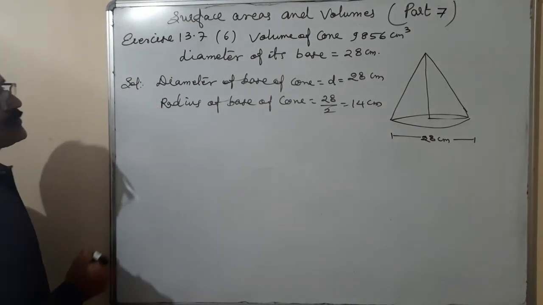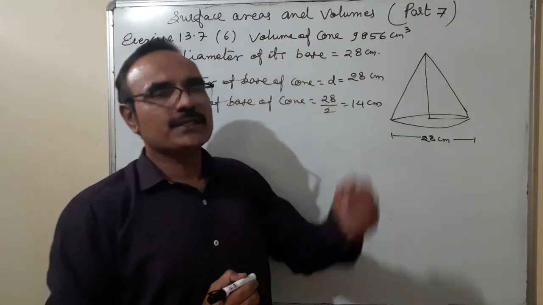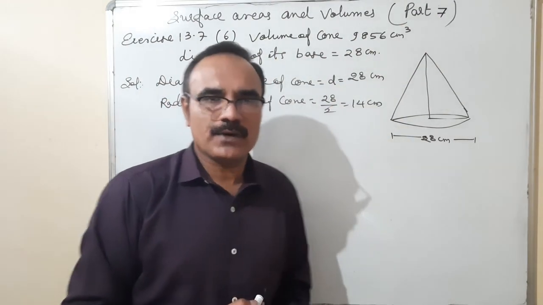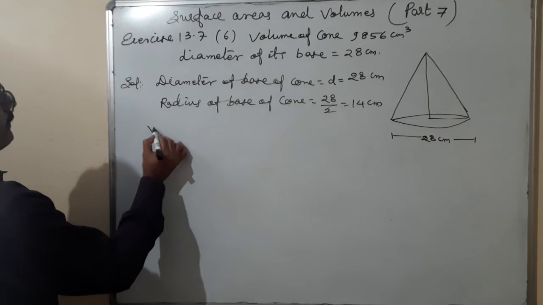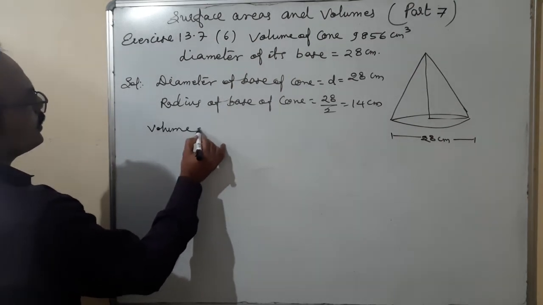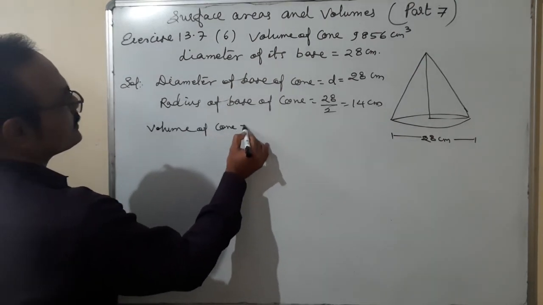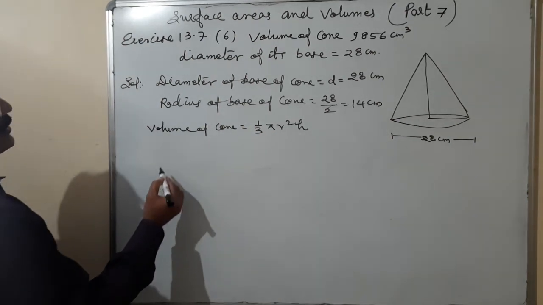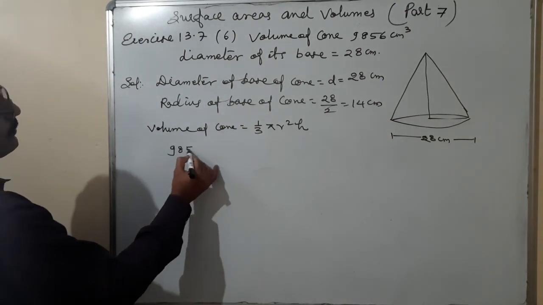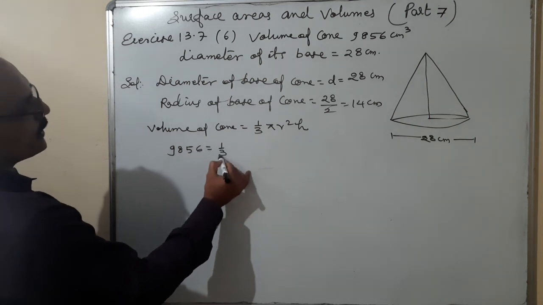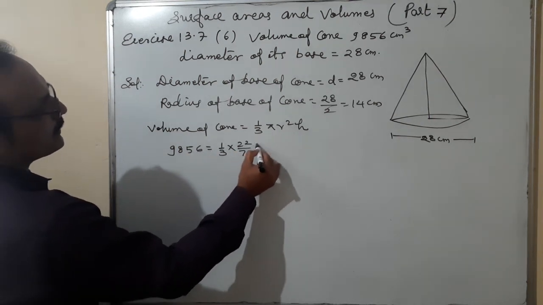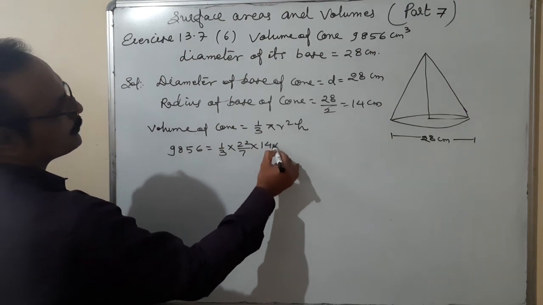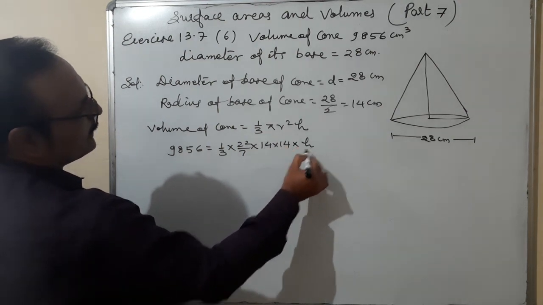But which formula will be used since the volume of cone is given? So first of all, we have to use the volume of cone. Volume of cone is equal to 1 upon 3 pi r square h. 9856 is equal to 1 upon 3 pi, 22 upon 7, r square 14 into 14 multiplied by h.